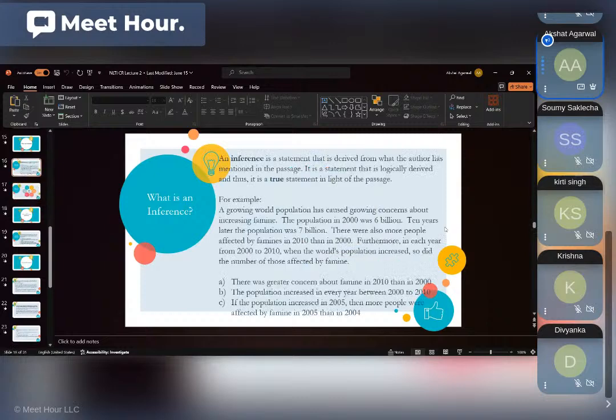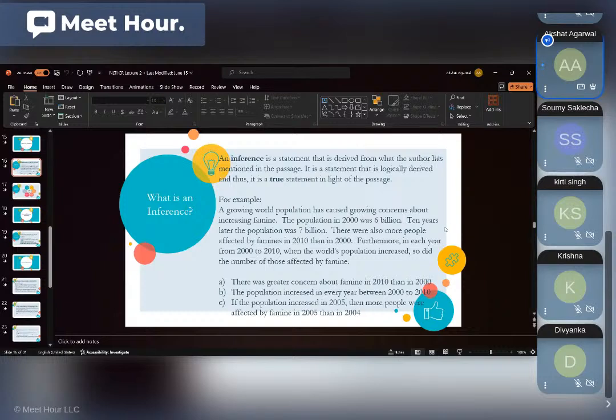In the previous question, it is possible that the population increased every year between 2000 to 2010. There could be like a geometric or an arithmetic progression of population. It was, let's say, x in 2005, it became 2x in 2006, it became 3x or 4x in 2007.